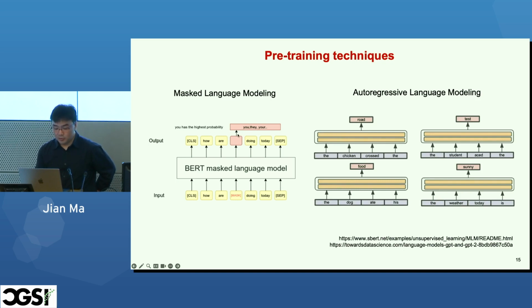You say, oh, the probability of this word here is the highest, and so this is the masked part. For autoregressive, you train a model where you can predict the next word using the words that you have seen, essentially in a sequential manner. So, the chicken crossed the road. Road is what you try to predict.